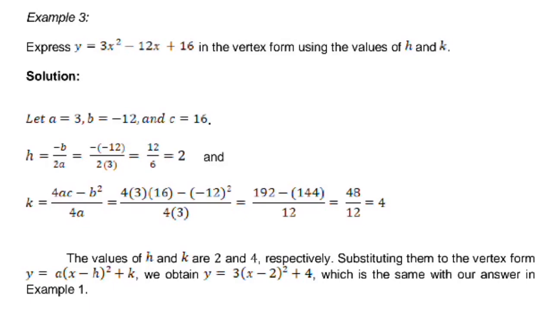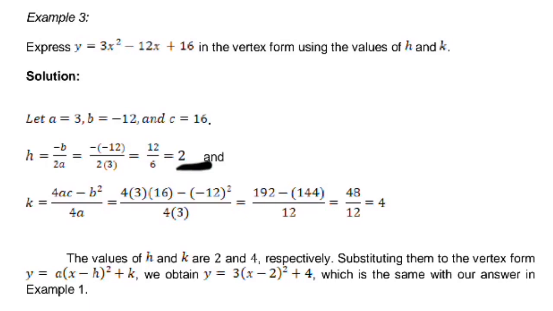Finding the value of h: h is equal to negative b over 2a, so negative of negative 12 over 2 times 3. Negative of negative 12 is 12, 2 times 3 is 6, and 12 divided by 6 is 2. So the value of h is 2.